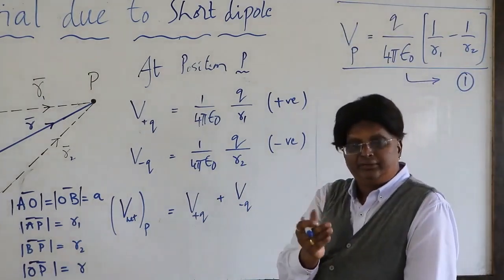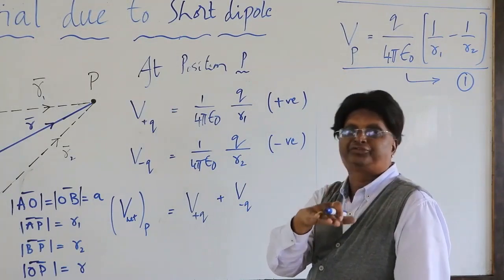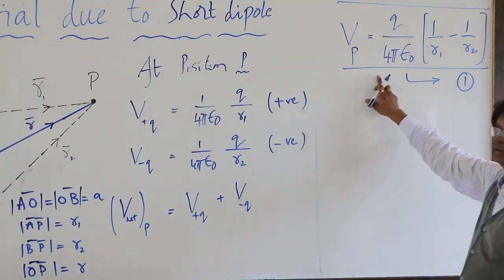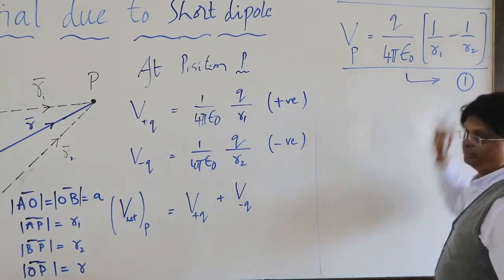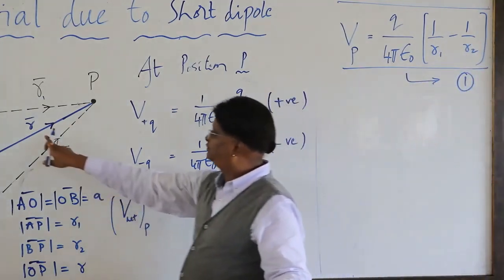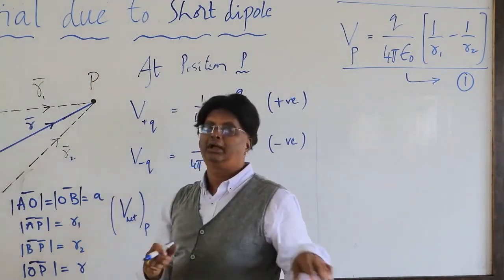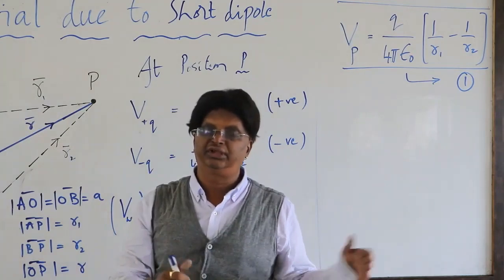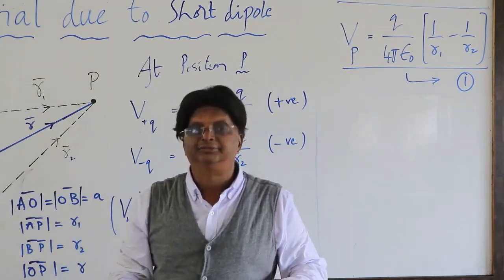Now this is one milestone, you can say, writing this value. After that, look here, 1 by R1 and 1 by R2. Our final answer should be in terms of R. Therefore, the evaluation of 1 by R1 and 1 by R2 is the remaining portion of our derivation.